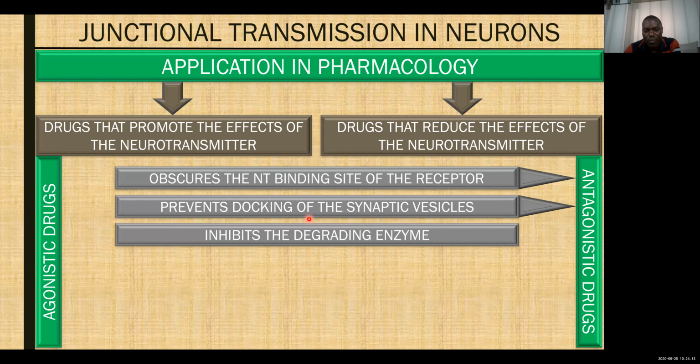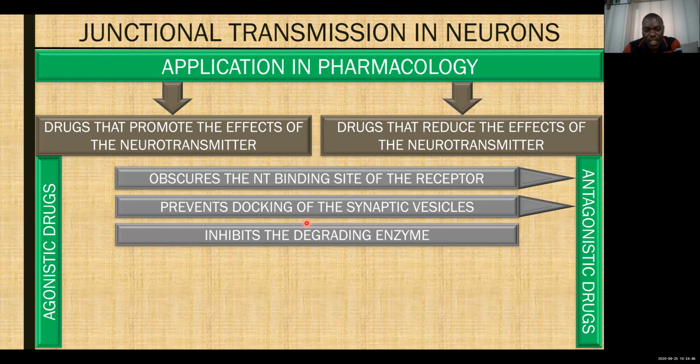Another example, we agreed that once in the synaptic cleft, there are three options that can happen to the neurotransmitter. It can bind to its receptor, it can be degraded by the enzyme, and it can also be taken by the cell that produced it, that is called reuptake, or taken by another cell.